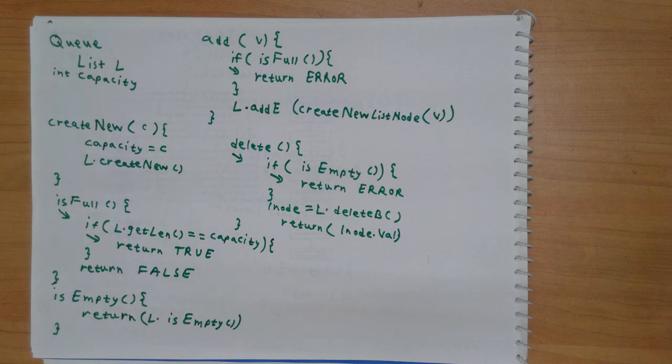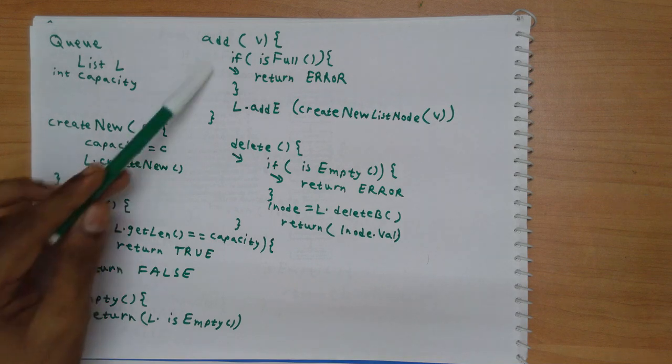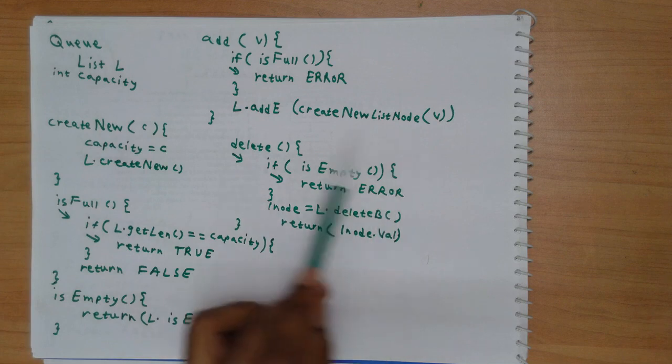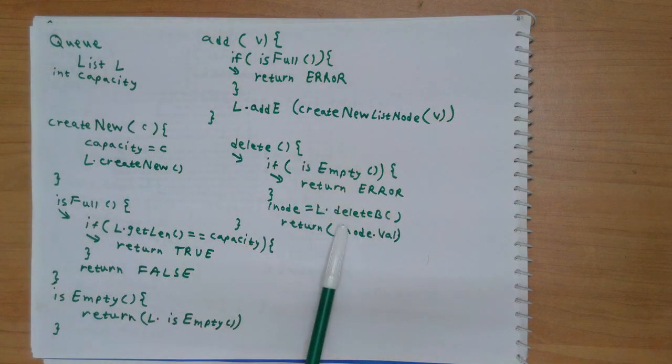You could have various other ways to implement. For example, you can create your list of fixed capacity, a fixed number of nodes, right in the create new operation, and then in your add and delete operations, you don't have to create new nodes or delete nodes, you simply manipulate the values in your list.